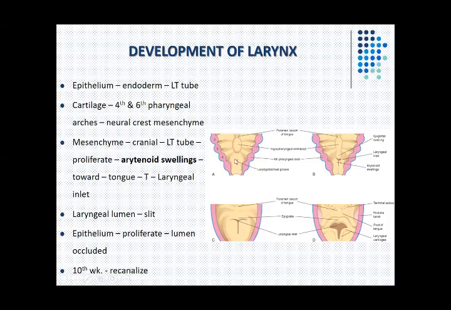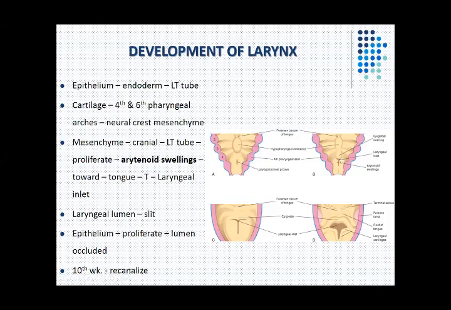So basically this was an inlet, the laryngeal inlet. Earlier it was vertical, a vertical groove, and then when the mesenchyme of the laryngotracheal tube proliferated, this vertical groove got converted into a T-shaped groove.